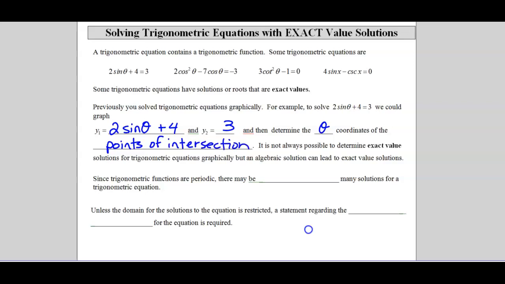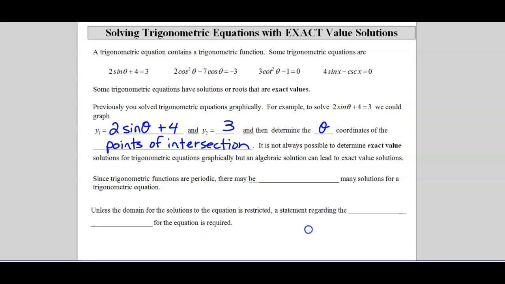Or you could get all the terms on one side, put it into y1. Right side is 0, so graph y equals 0, and find the theta intercepts. In any case, we can do that graphically. As I just mentioned before, it's not always possible to determine an exact value on your calculator. So we're going to work through that today.